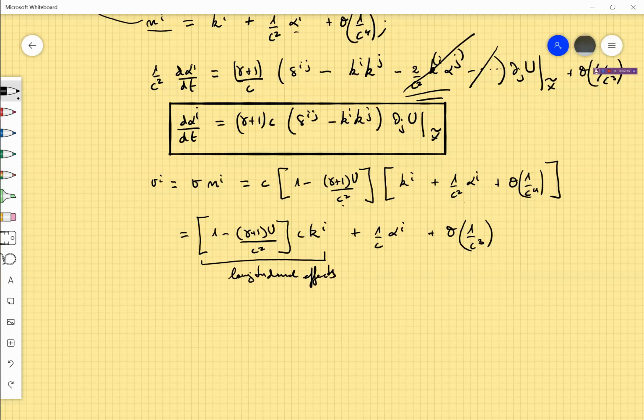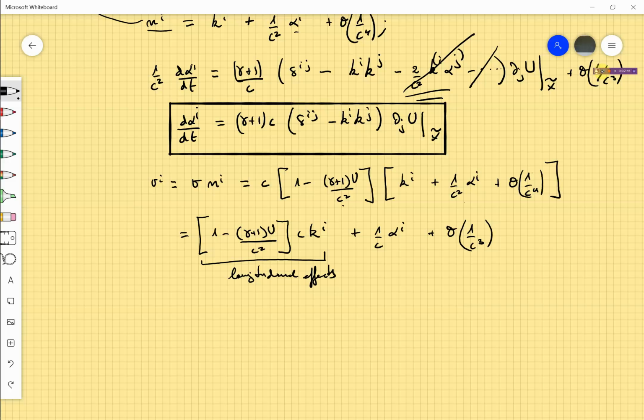Of gravity on the light ray. Longitudinal in this case means in the original direction of the light ray, which is ki, because we are going to impose that alpha i at time 0, or at emission time te, is 0. So it starts with a certain ki, and then this alpha i grows and changes the direction of the light ray.